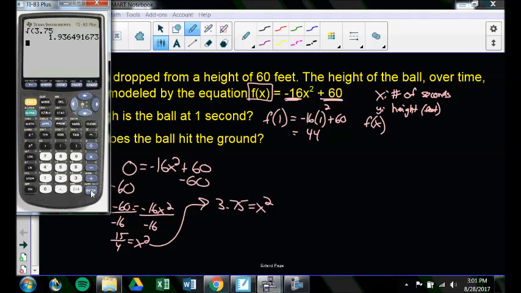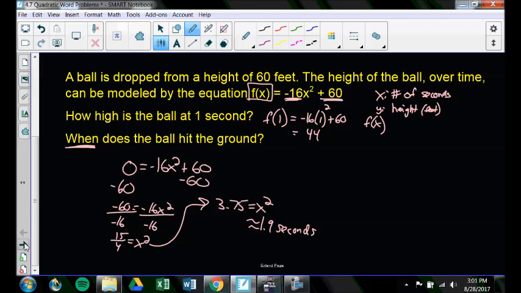It's going to take 1.9 seconds. Almost 2 seconds. Which makes sense, because in the first second it's falling 16 feet, and the second second it's falling 32 feet, and it's falling all the time in between. If you dropped a ball from about that height, you'd see in about 2 seconds it can hit the ground.